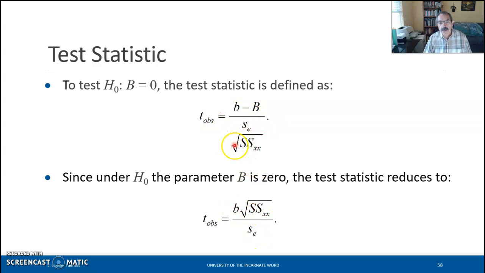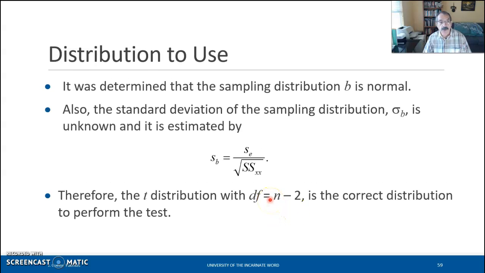All I did here is take the square root of the sum of squares of xx and move it to the top part of the division. So now it looks like this. This is the definition of the test statistic under the assumption that the slope is 0. So now this is the form of the test statistic that we're going to use.